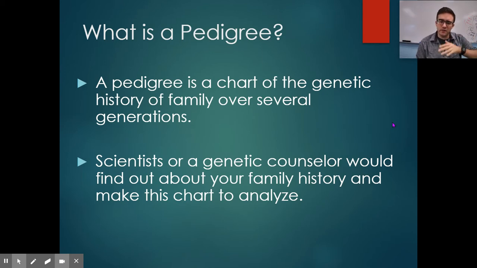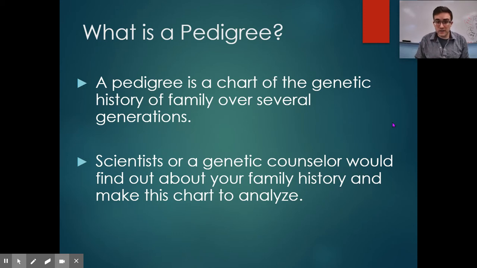With pedigrees, the further back you can go with a trait in a family, the more confident and better you or a genetic counselor or a scientist can be in a prediction about inheritance moving forward in a family. So they allow geneticists and scientists to analyze the inheritance pattern of different traits throughout a family.